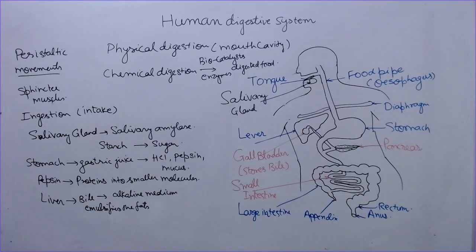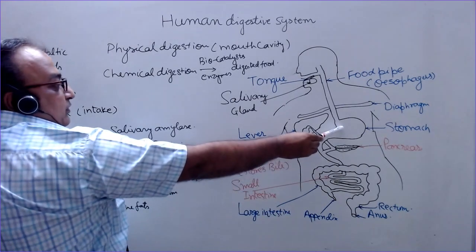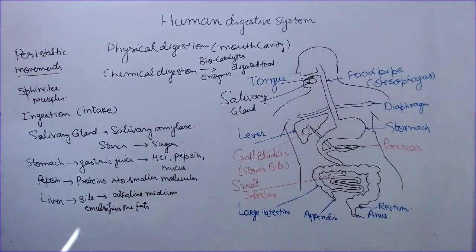Bile has two functions. One is to make the acidic food coming from the stomach alkaline. The food coming from here was acidic because of the secretion of HCl, and now the medium has to be changed to alkaline. Why? Because the pancreatic enzymes secreted by the pancreas can act on it only in an alkaline medium.